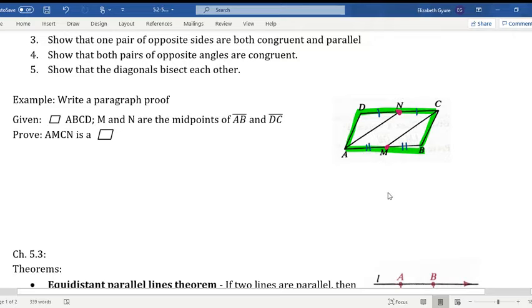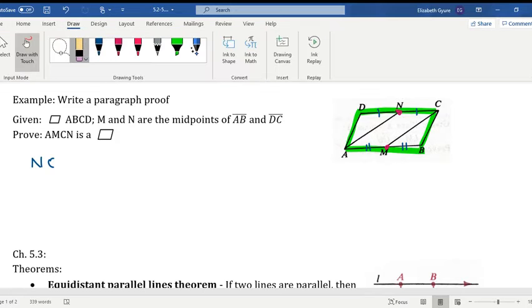So let's start by saying that NC, you phrased it with half, right, Matt? We're going to do that same thing. Actually, we do need to say that those top and bottoms are congruent or equivalent. That way we can use our transitive property. Now, the one thing that's also nice about paragraph proofs, normally if we're doing our 2-column, we have to do that whole progression of they're congruent, right?